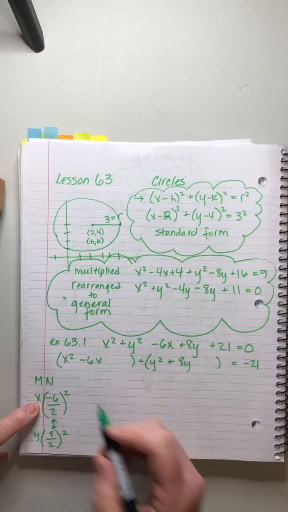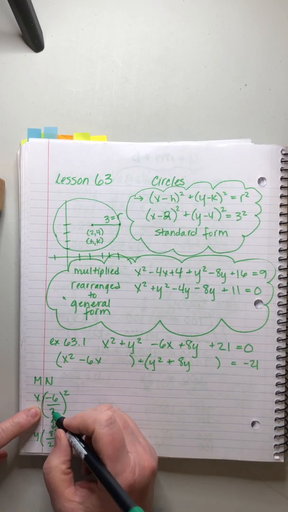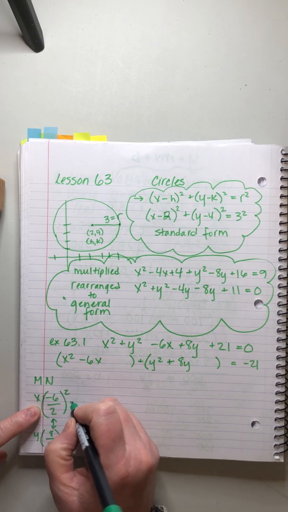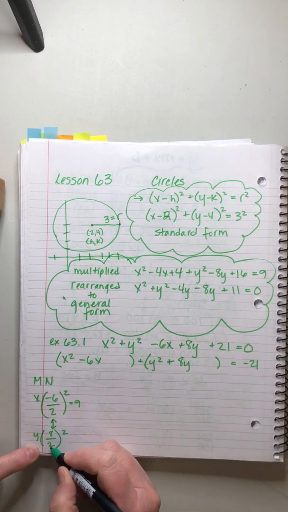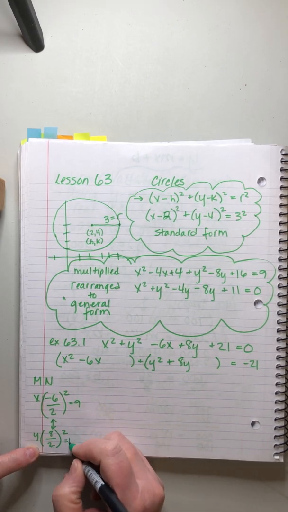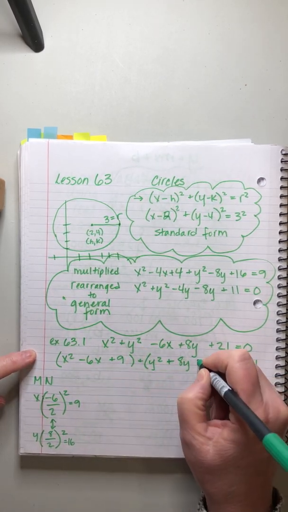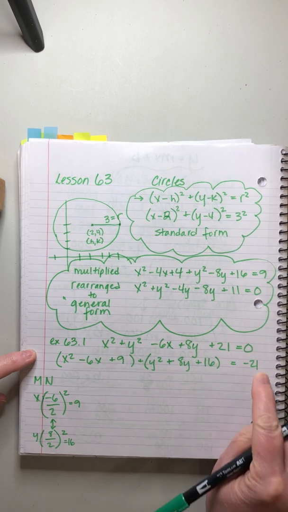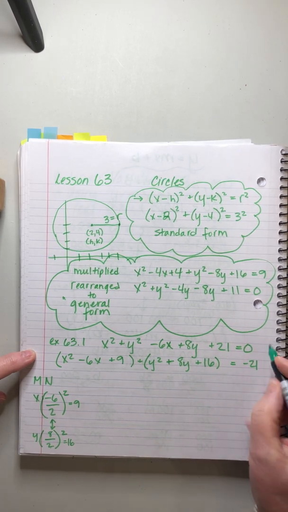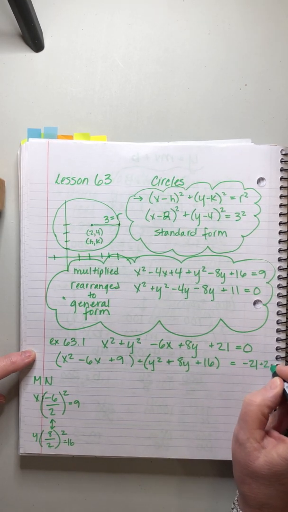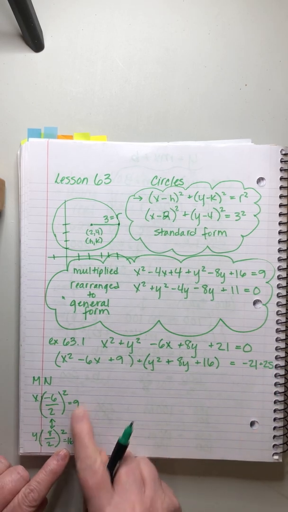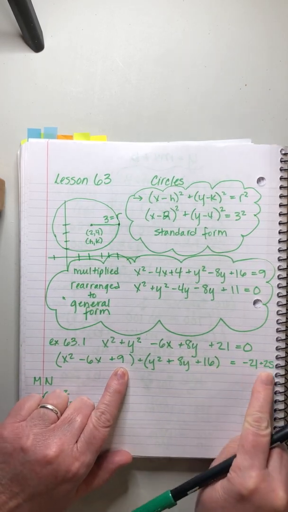Okay, so that means this magic number, this is negative 3 squared, so that's 9. And this is 4 squared, so that's 16. So I'm going to add 9 here, and I'm going to add 16 here. But you know what I have to do to keep this thing in balance? I have to add 25, right? 9 and 16 equals 25.